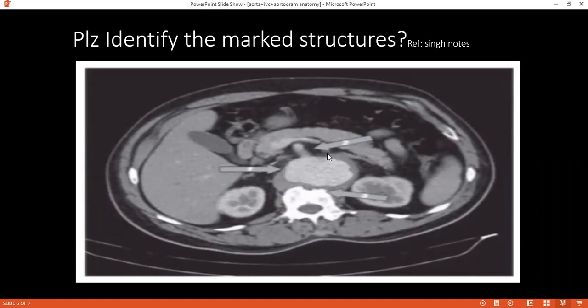Aortic aneurysm, circular. Okay. So this is what type of imaging? Done at the level of lumbar region, because this vertebra is the lumbar vertebra? Can you give an idea at what landmark this image has been taken?